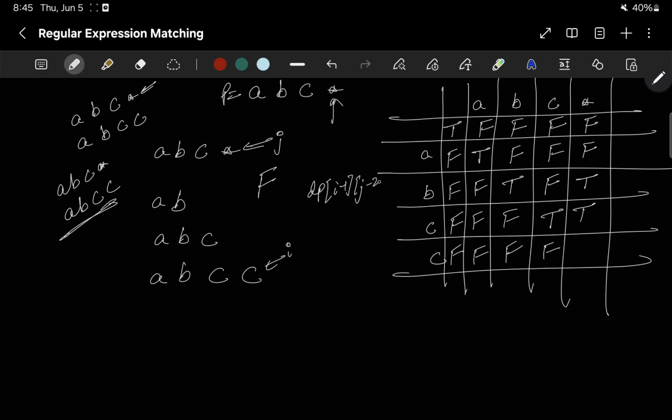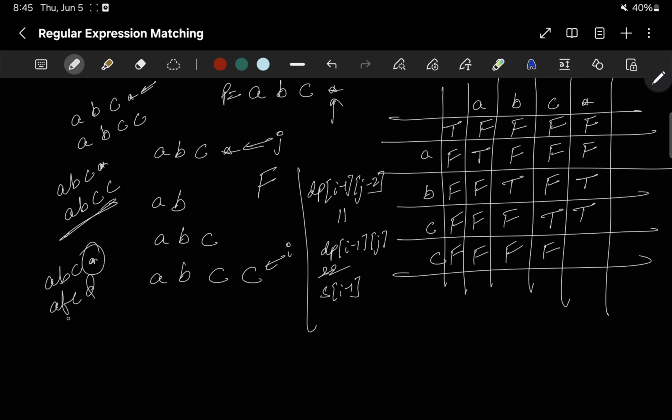Okay, dp I minus 1 j minus 2. If this is not true, then what we want to do is we want to check if dp of I minus 1 and j is true. If this is true and string of I minus 1, because you also cannot just say that if it's A, B, C star, if you just compare the star, it will not match A, B, C, D, right?